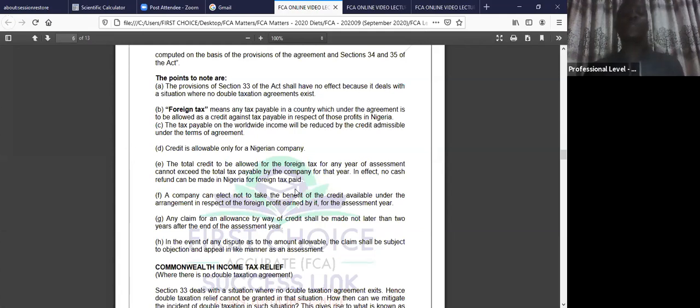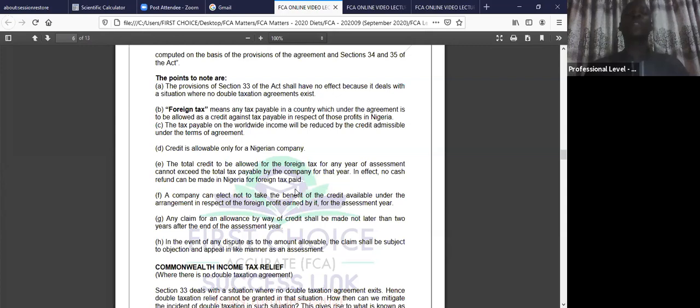Because if there is an agreement, the question will state it. So the first thing to do when solving a question that you suspect to be about double taxation agreement is to check explicitly if there is a double taxation agreement. If there is, underline it. If there is none, assume there is none. The second thing to do is to check if the company is a wholly Nigerian company.